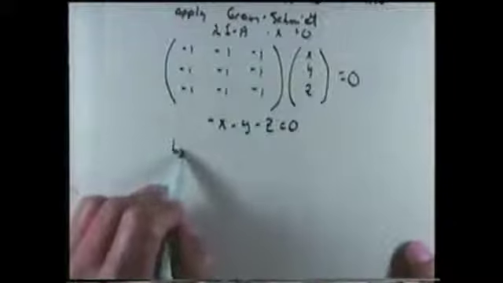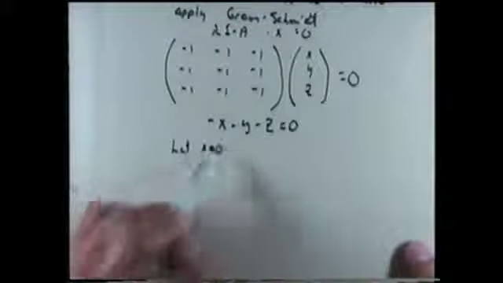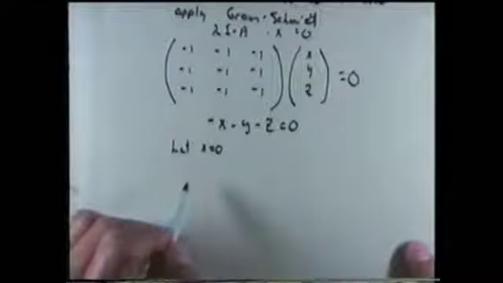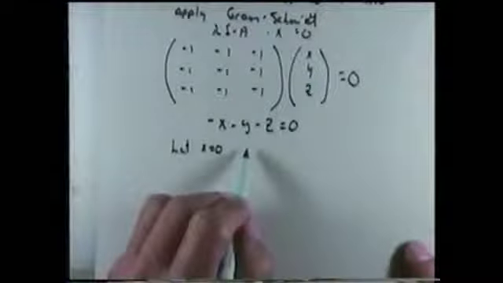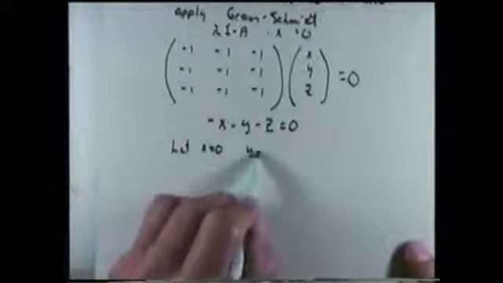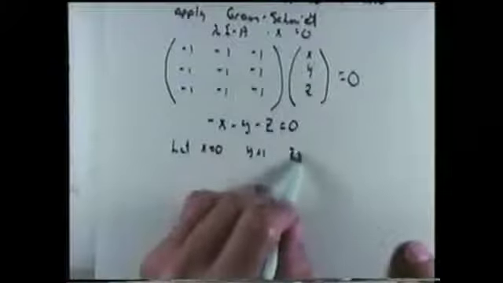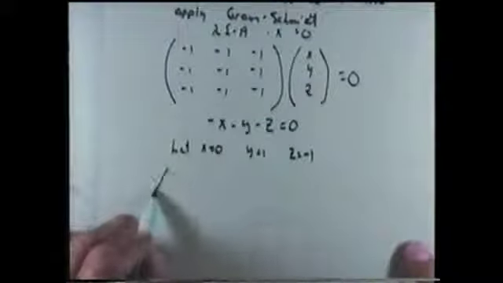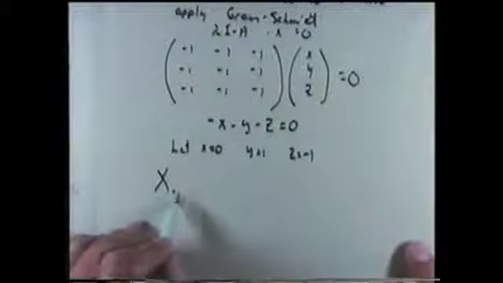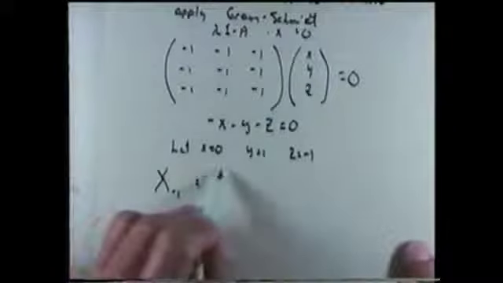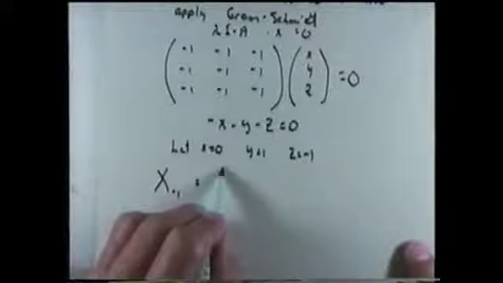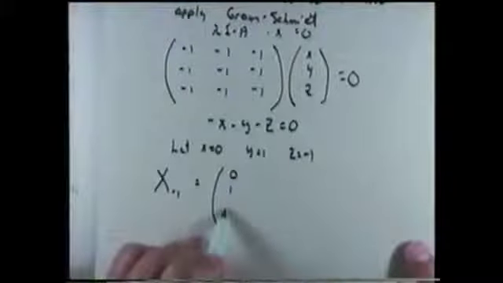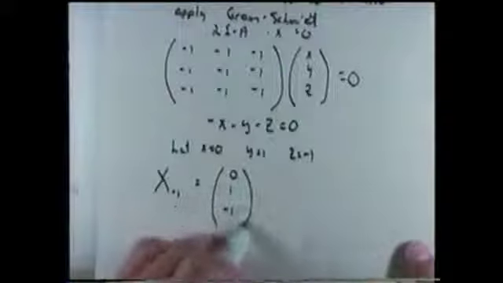Well, first we'll let x equal to 0. If I let x equal 0, then y could be 1 and z could be -1. So I get 1 x associated with -1 is going to be 0, 1, -1.